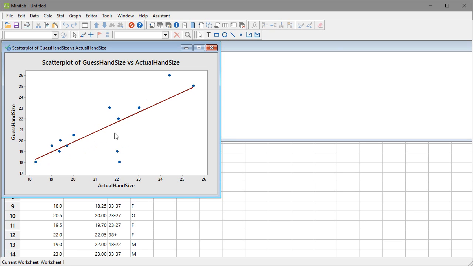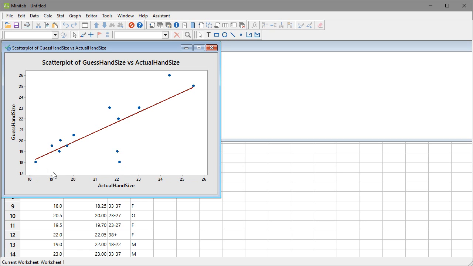Now the closer it is to the line, it means the better people are at guessing and getting right their actual hand size. In this case, it looks like some people are pretty good. Those would be the people who are right along the line. In other cases, some people are really not very good. Like this person, their actual hand size was 22, but they were guessing closer to 18.